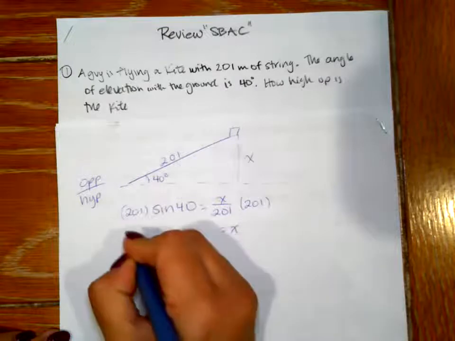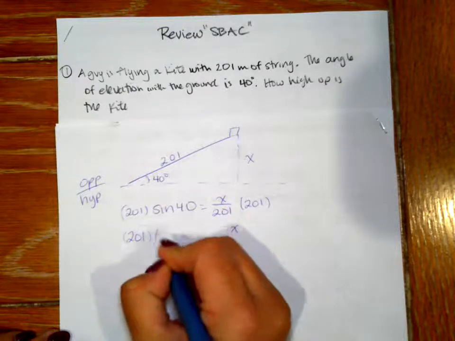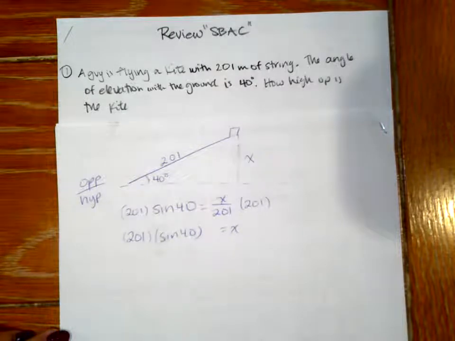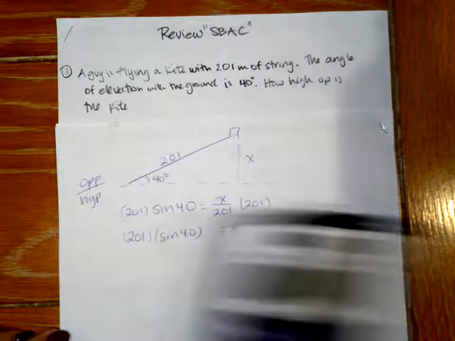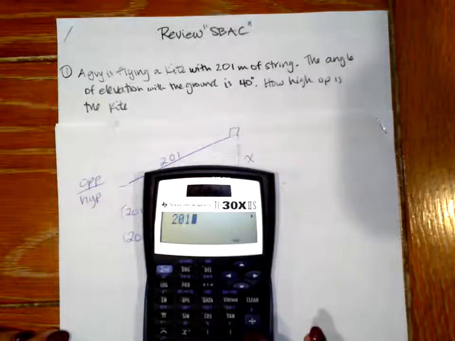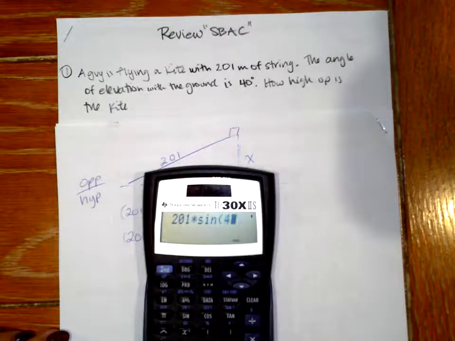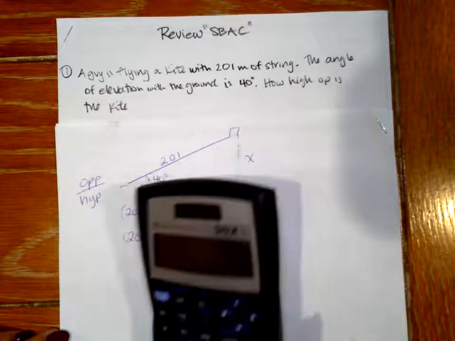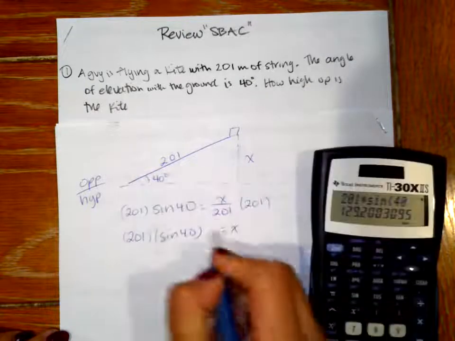And I get 201 times the sine of 40. So on my calculator, I've got 201 times sine 40, which gives me 129.2.